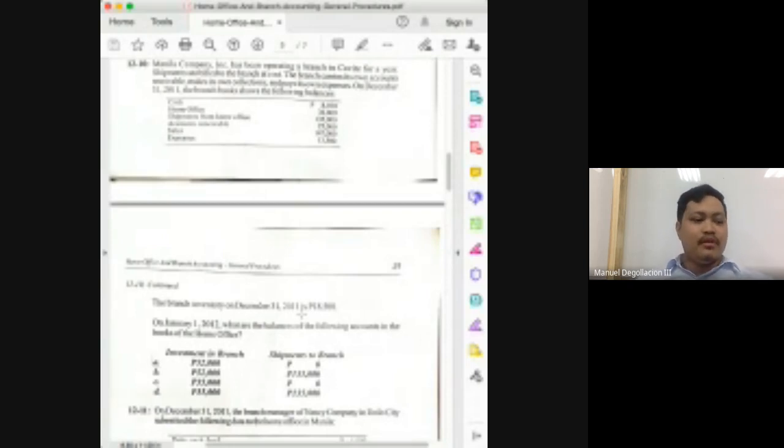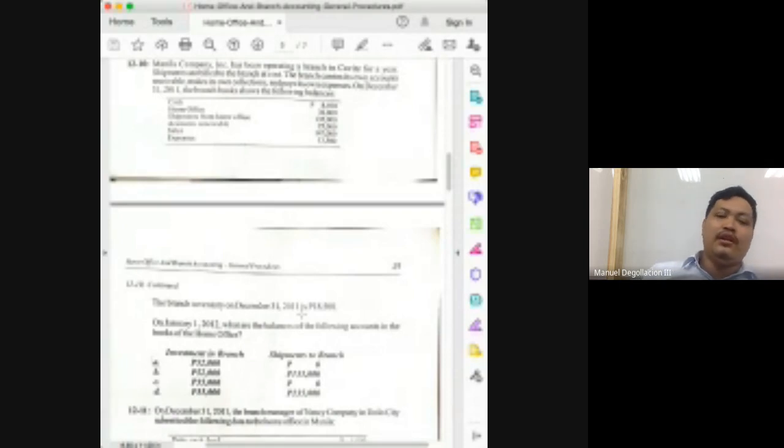We start with beginning inventory plus purchases minus ending inventory. But because we have been introduced to one new account, class, shipments from home office, these should form part of your goods available for sale. So our computation now should be beginning inventory plus purchases, if any, plus shipments from home office, if any, less ending inventory.